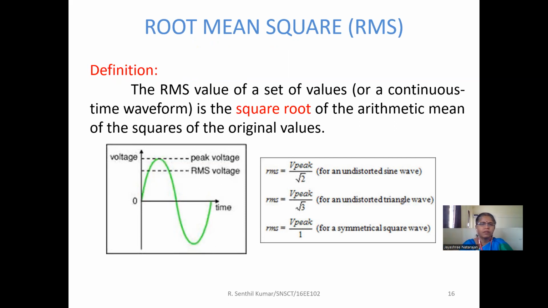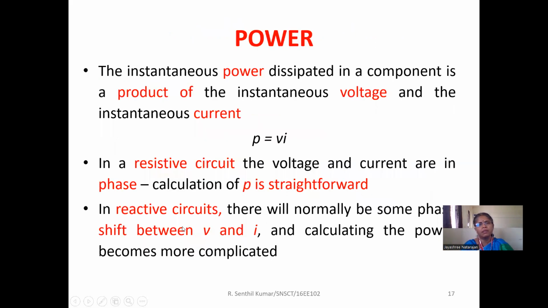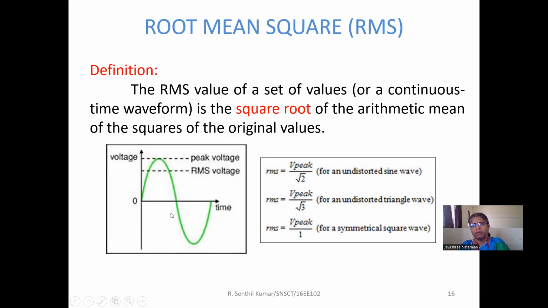So the instantaneous value is nothing but the value of the voltage or current, that is the AC quantity, at a particular instant in time. That value of voltage at a particular instant we call the instantaneous voltage.